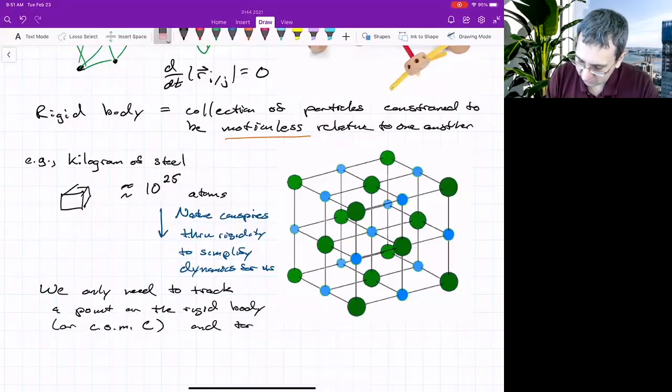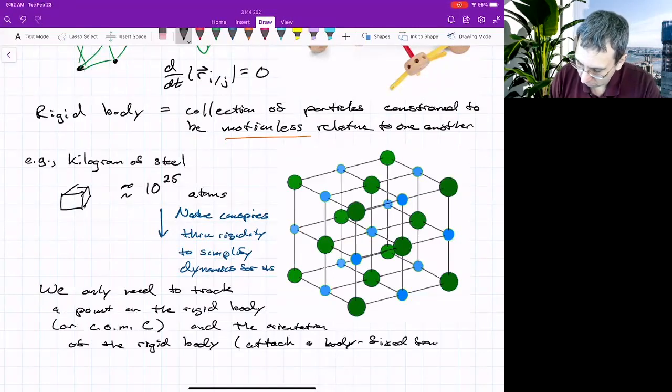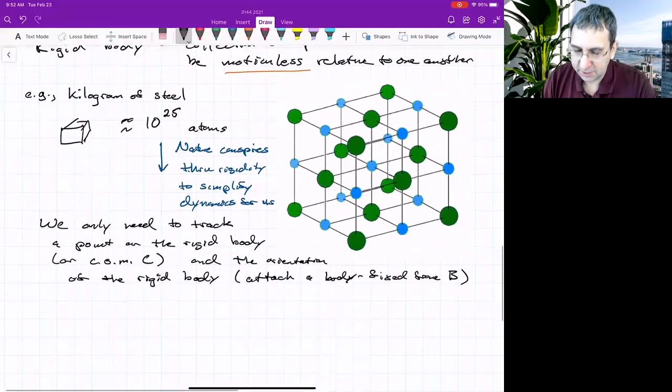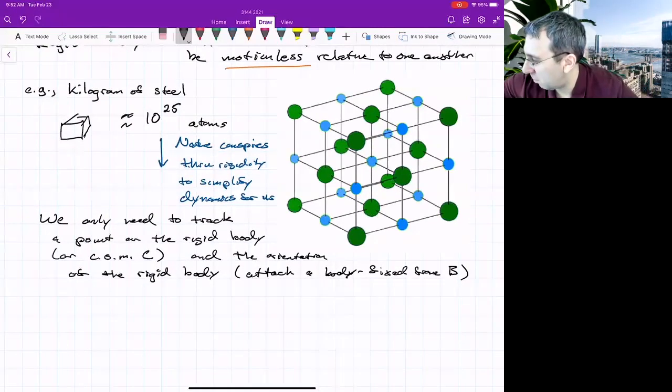And the orientation of the rigid body, or attitude. And the way that we do that is we attach a body fixed frame. Usually we call that B. And then we're dealing with the orientation of a frame.